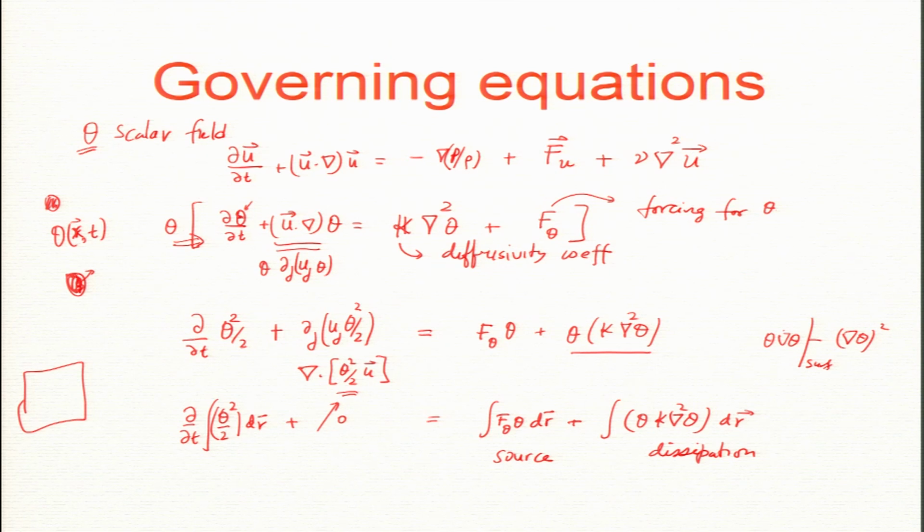If the source and dissipation are 0, so f theta is 0 and kappa is 0, then what happens to theta squared by 2? It is constant in time. So, if f theta is 0 and kappa is 0, this implies integral theta squared by 2 dr is constant.